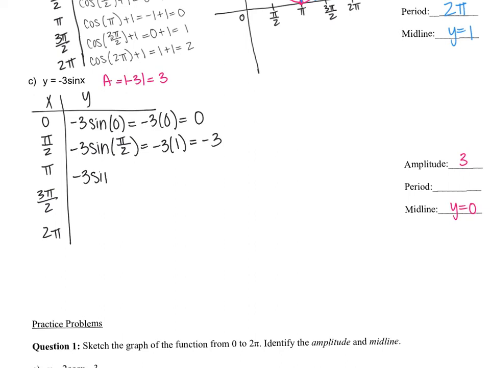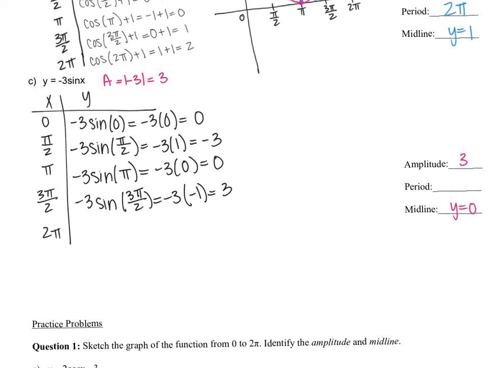Sine of pi is 0, so if I multiply, that will just give me 0. Sine of 3 pi over 2 is where the y value is -1, so -3 times -1 is +3.